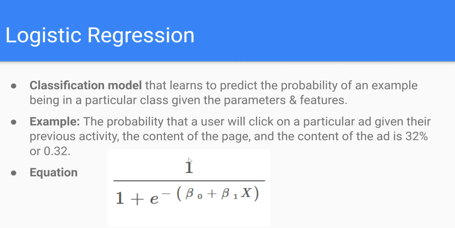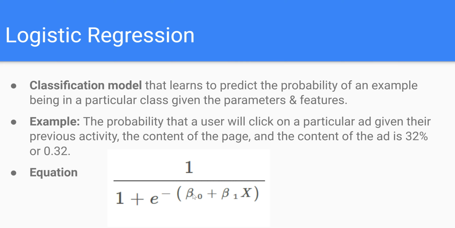What we're going to do is put it inside this function where it's 1 over 1 plus e to the negative of the output of that linear regression model. This whole function that we're embedding the linear regression equation into is called the sigmoid function. The sigmoid function takes the output of the linear regression equation, which is a continuous value, like when we fit a regression model previously.